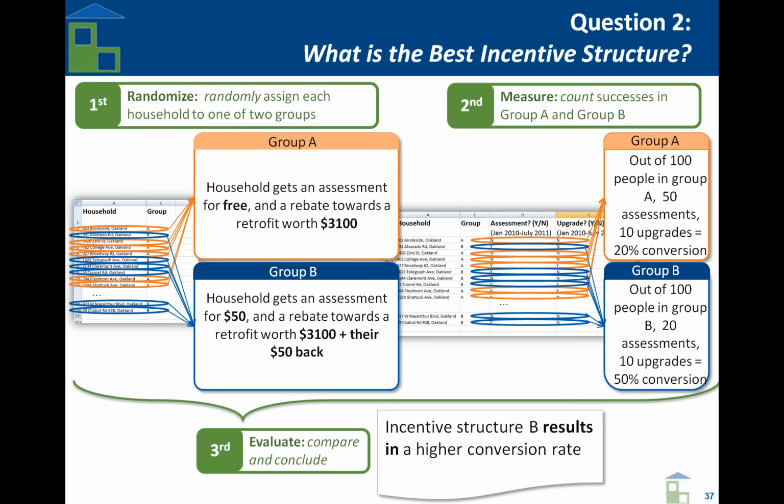So let's say we found that in group A, 50 people got assessments, but only 10 got upgrades, while in group B, 20 people got assessments and 10 got upgrades. Then we would conclude that this $50 is effective at increasing the conversion rate from assessments to upgrades, even though people are going to get that $50 back eventually.